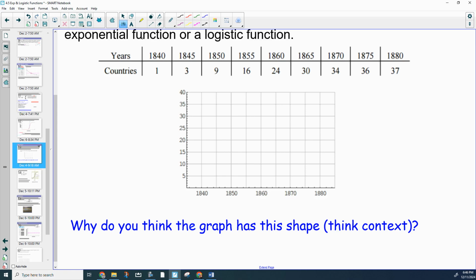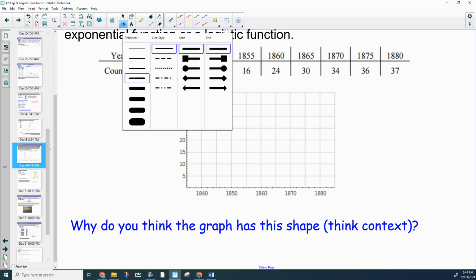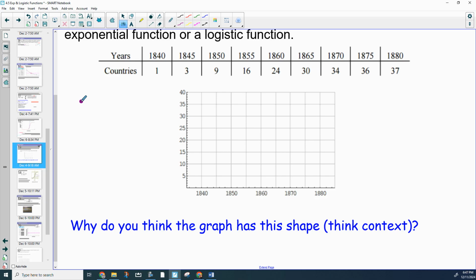So our first one, in 1840, there was one country. In 1845, obviously halfway between 40 and 50, there was 3.